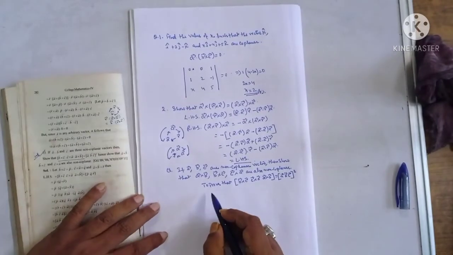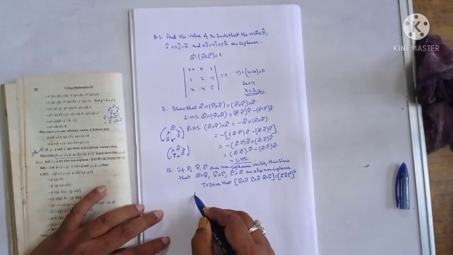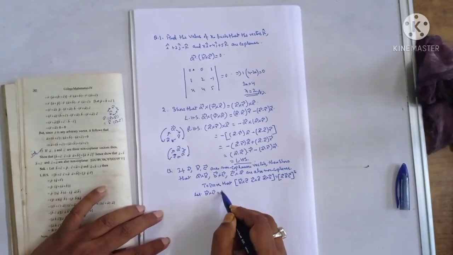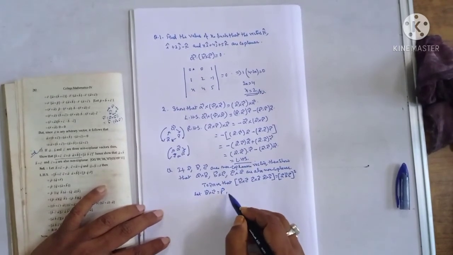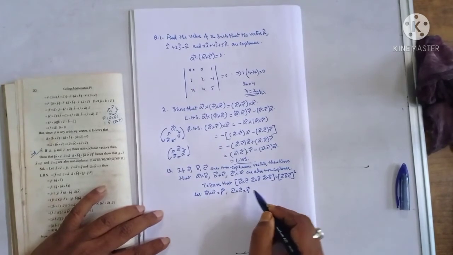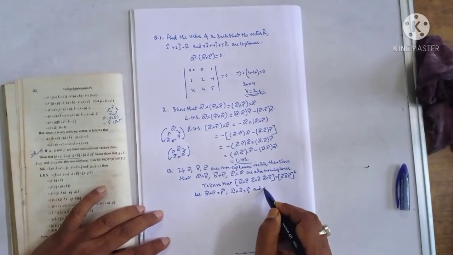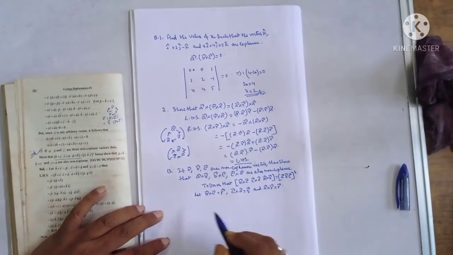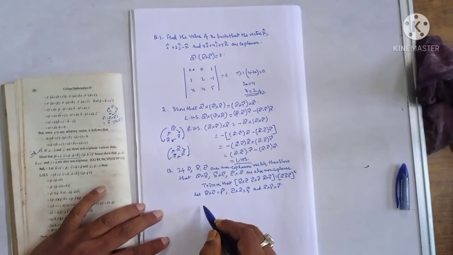So here what they have done, that let B vector cross C vector is equal to P vector, and C vector cross A vector, that is equal to Q vector, and A vector cross B vector, that is equal to R vector.